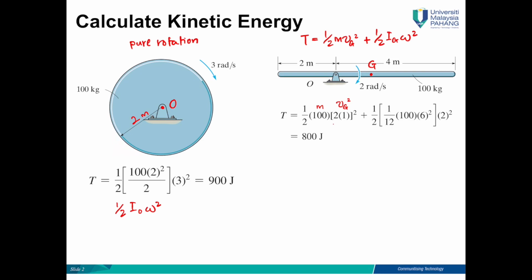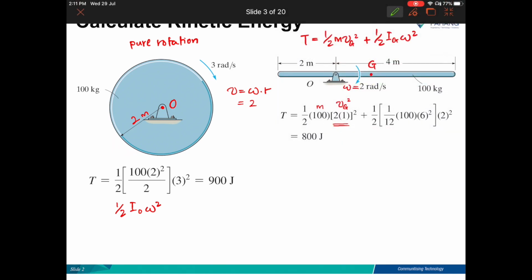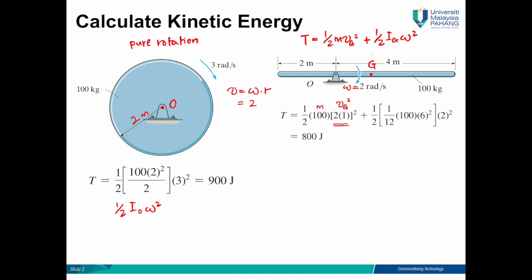So how do we get vg like this? If you recall from kinematics, v is equal to omega times r, right? Omega is given as 2 rad per second. R is basically the distance from point G to the center of rotation O. If you see, the total length of this rod is 6 meter, L equals 6 meter.